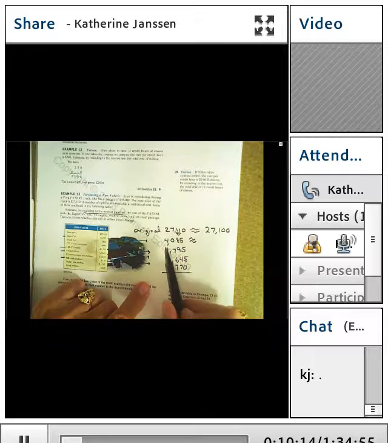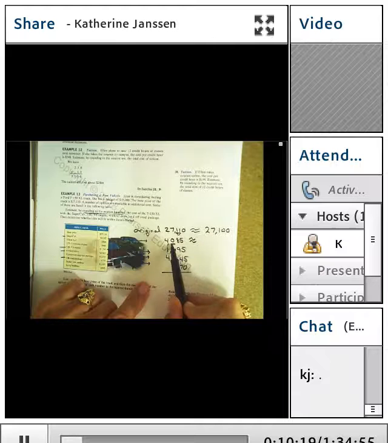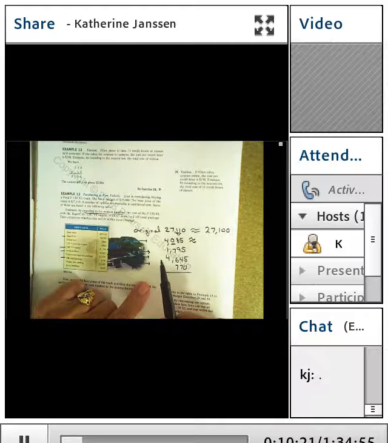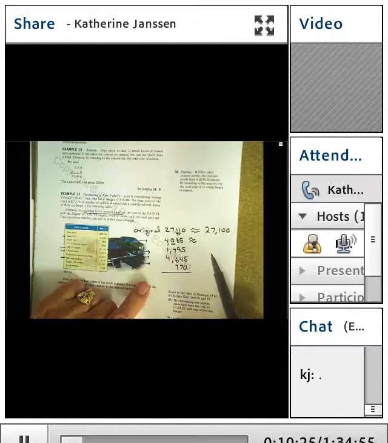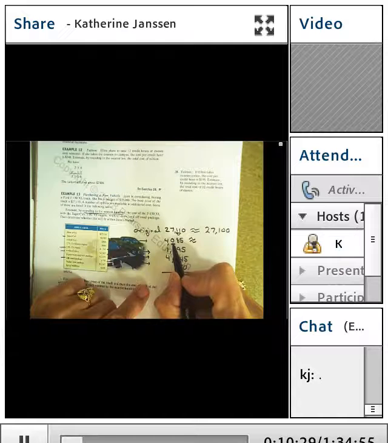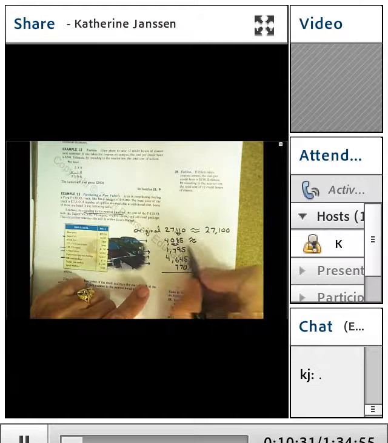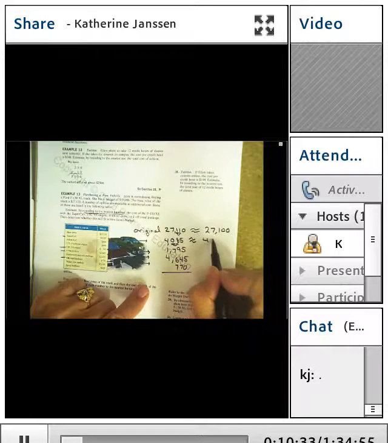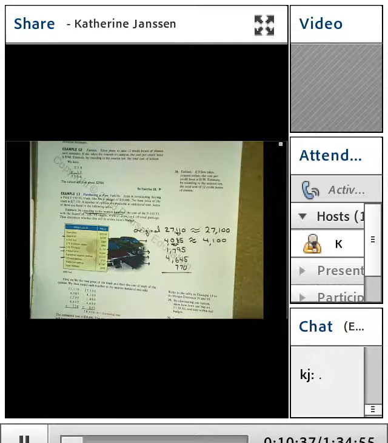Round 4,085 to the nearest hundred. I keep the next digit. It is 5 or greater, so I'm going to add 1 to approximate 4,100.